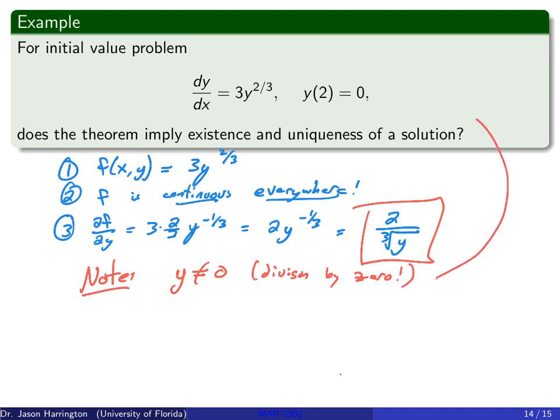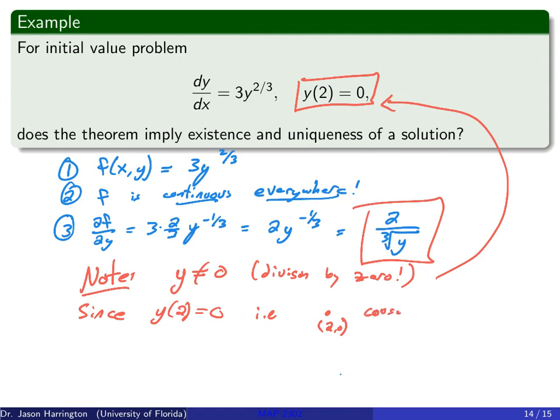And if you look up here, you're going to say, oh no, my initial condition is y of 2 is equal to 0. And since y of 2 is equal to 0, i.e. the point goes through 2 comma 0, that causes problems for the partial of f with respect to y.